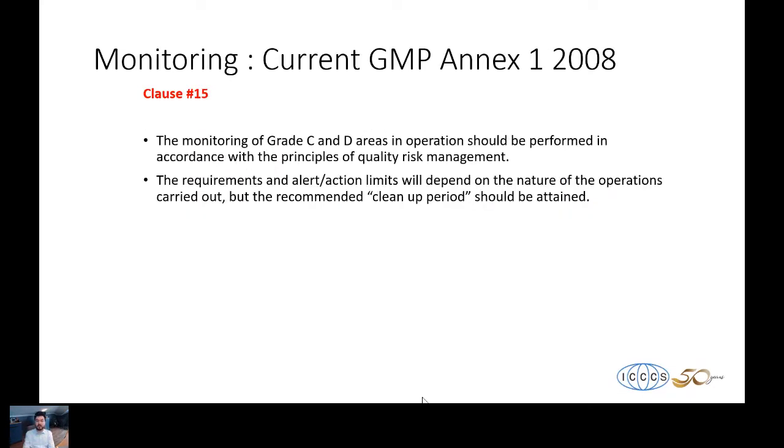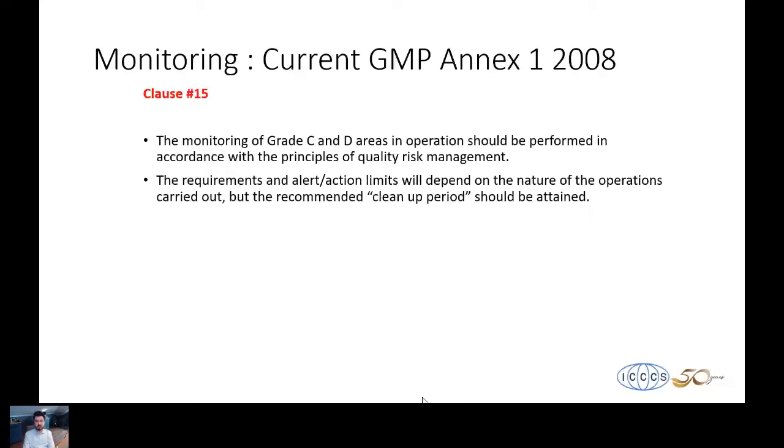The monitoring of grade C and D areas in operation should be performed in accordance with the principles of risk study. So if you have a risk-based study on your system and find out that grade C or even grade D has a special application in your production, then you can consider having a monitoring system.